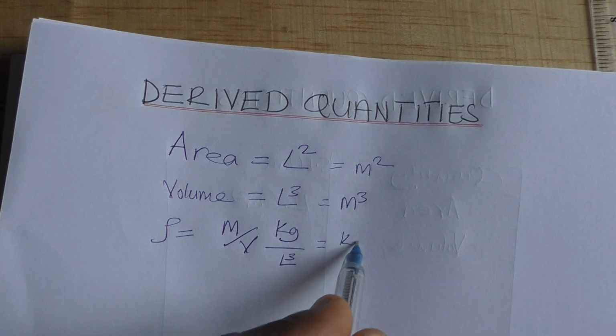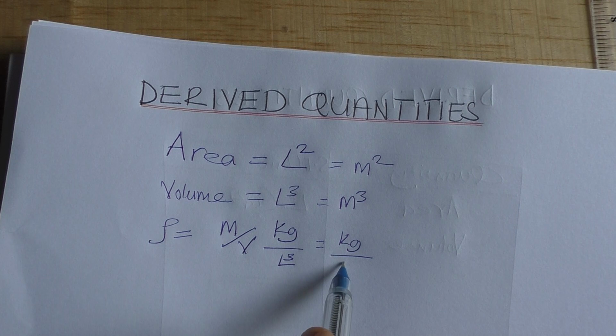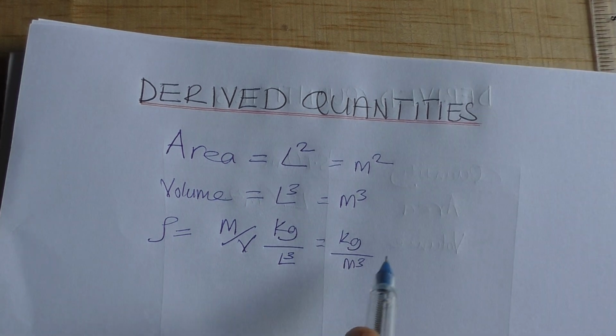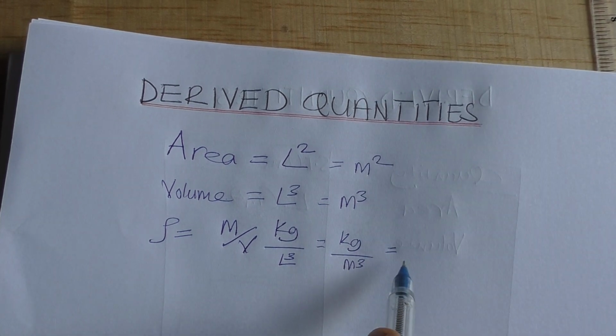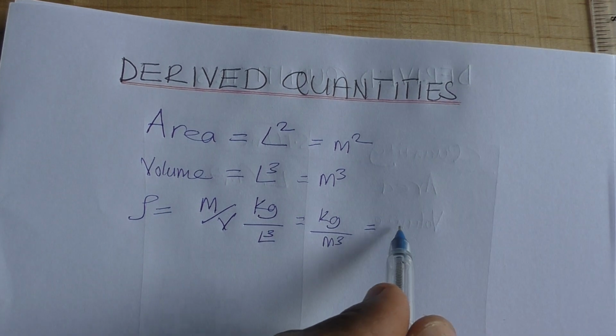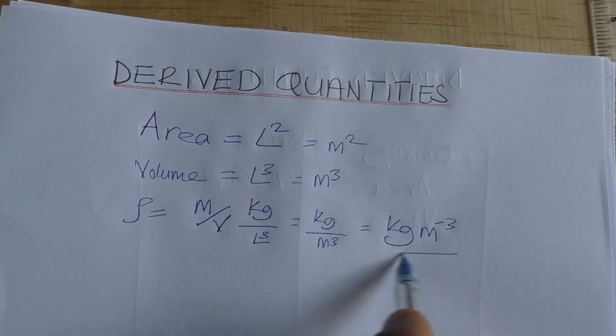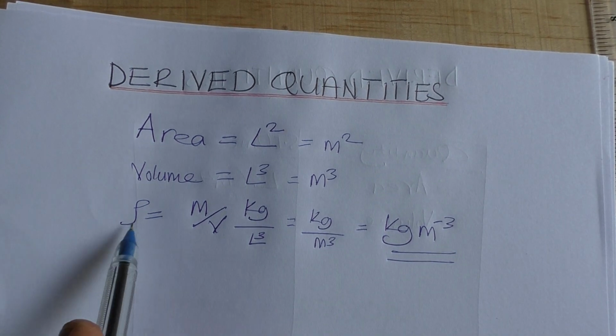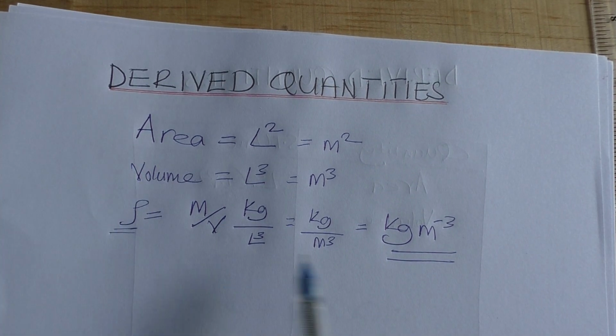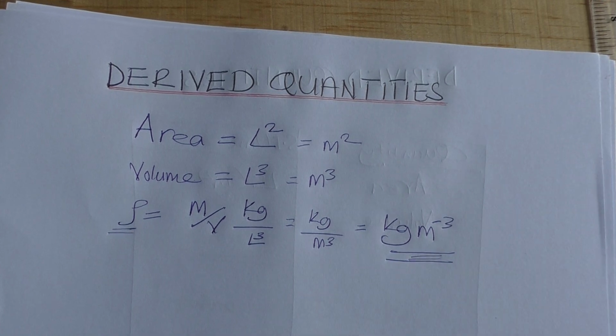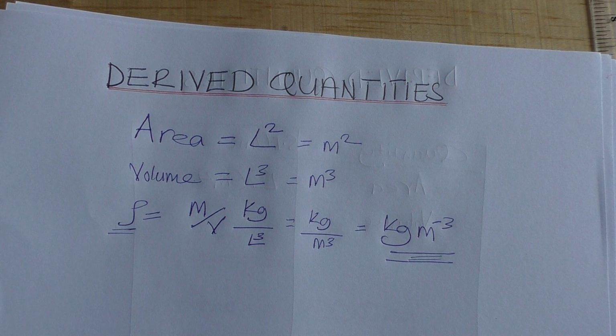Hence that will be kilogram over meters cubed, thus giving us the SI unit of density as kilogram per meter cubed. So this is a derived quantity and this is its derived SI unit. That is how we derive the quantities and their respective units.